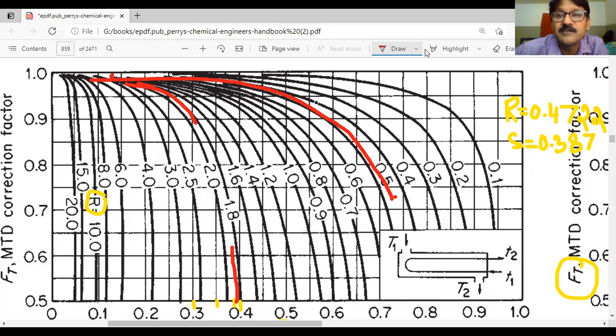So the point where it is cutting is somewhere here. Getting understood? Yes or no? Yes, sir. Then I'll take this point value as somewhere 0.98.